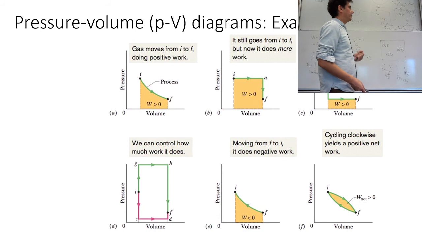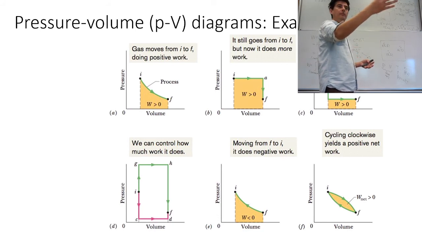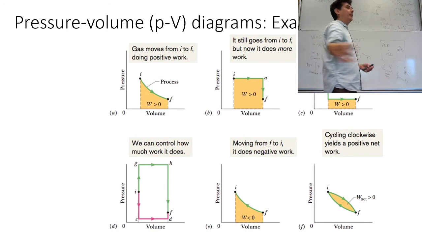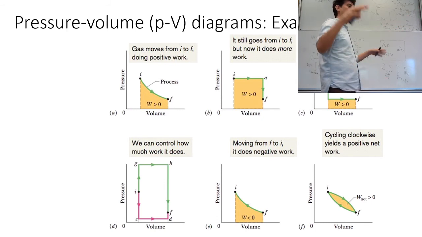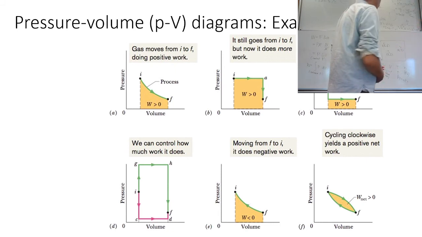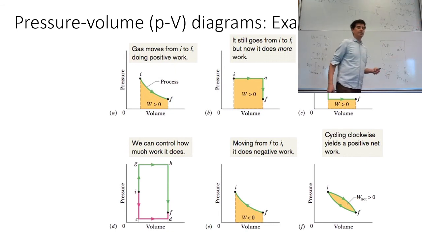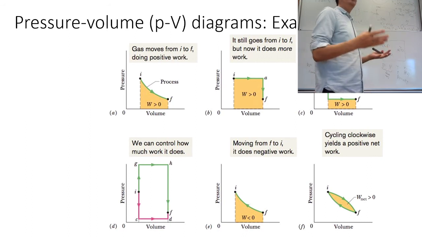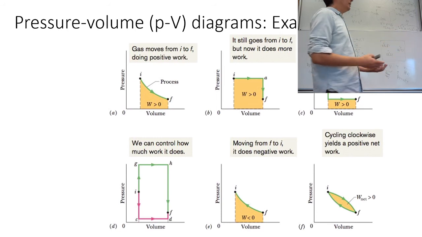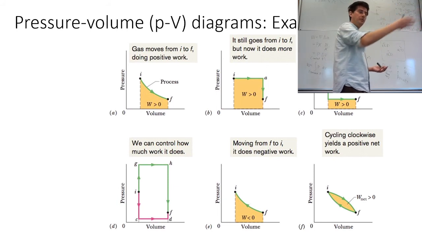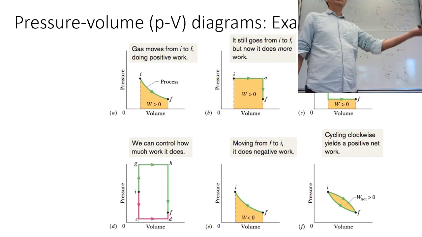Just like you can get from point A to point B in a straight line, or you can go some roundabout way. There are many ways of getting from point A to point B. Because the pressure and volume specify the state of the gas, it doesn't really matter what path you take. If you end up at the same pressure and volume, it's basically the same state of the gas.